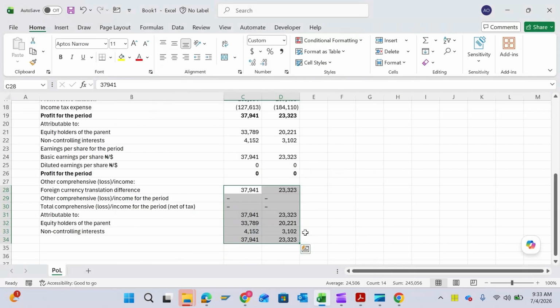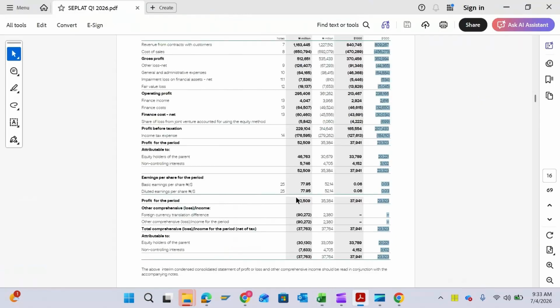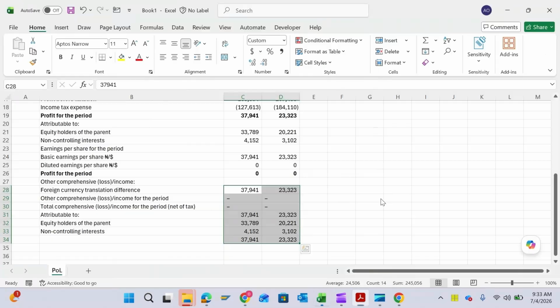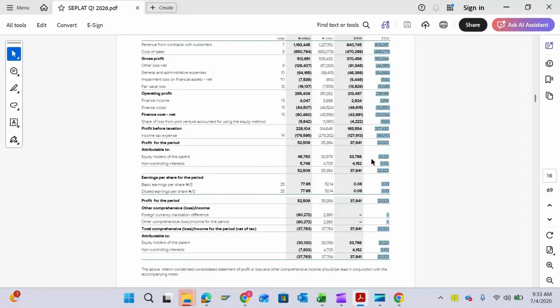Then total profit for the period. Okay. Where are we missing it? That's 7941.